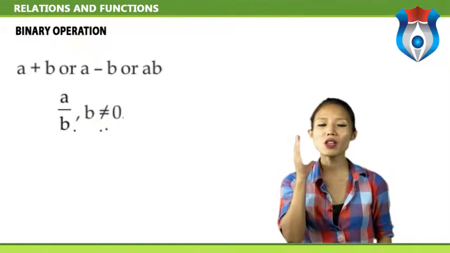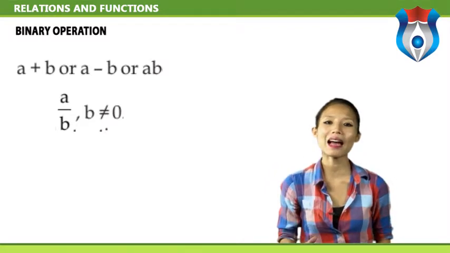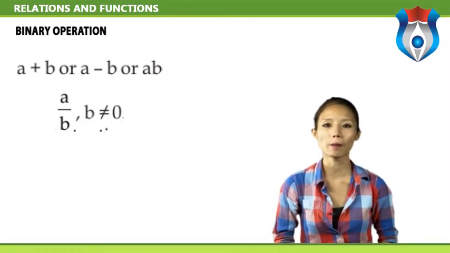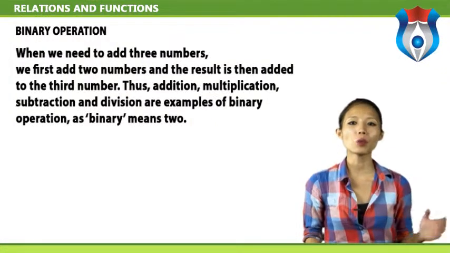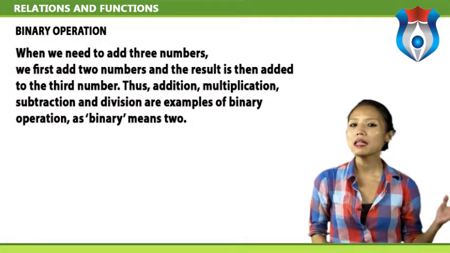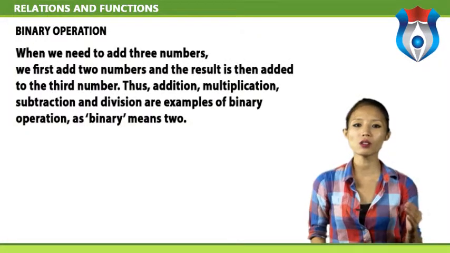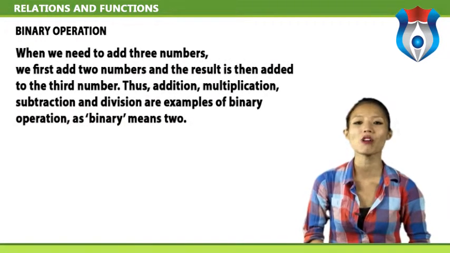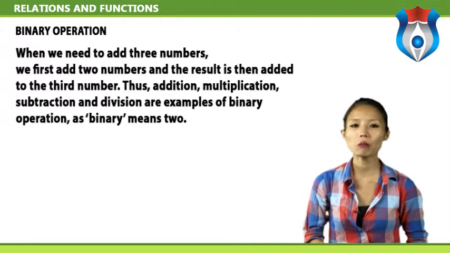It is to be noted that only two numbers can be added or multiplied at a time. When we need to add three numbers, we first add two numbers and the result is then added to the third number. Addition, multiplication, subtraction and division are examples of binary operations, as binary means two.